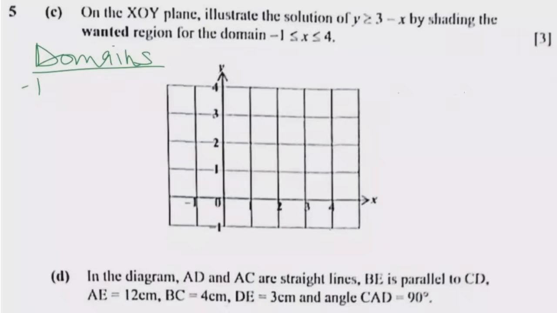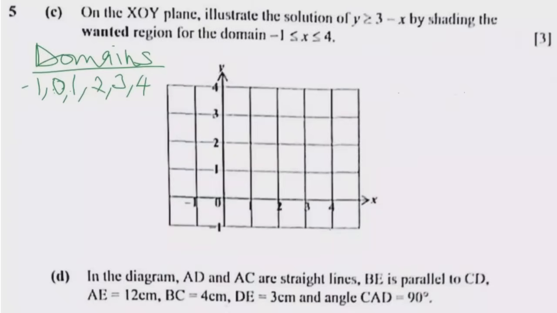Then we have 0, 1, 2, 3, and 4. Because they are saying less or equal to, that means 4 should be included and -1 should be included. But if they said less than 4, then 4 couldn't have been included.